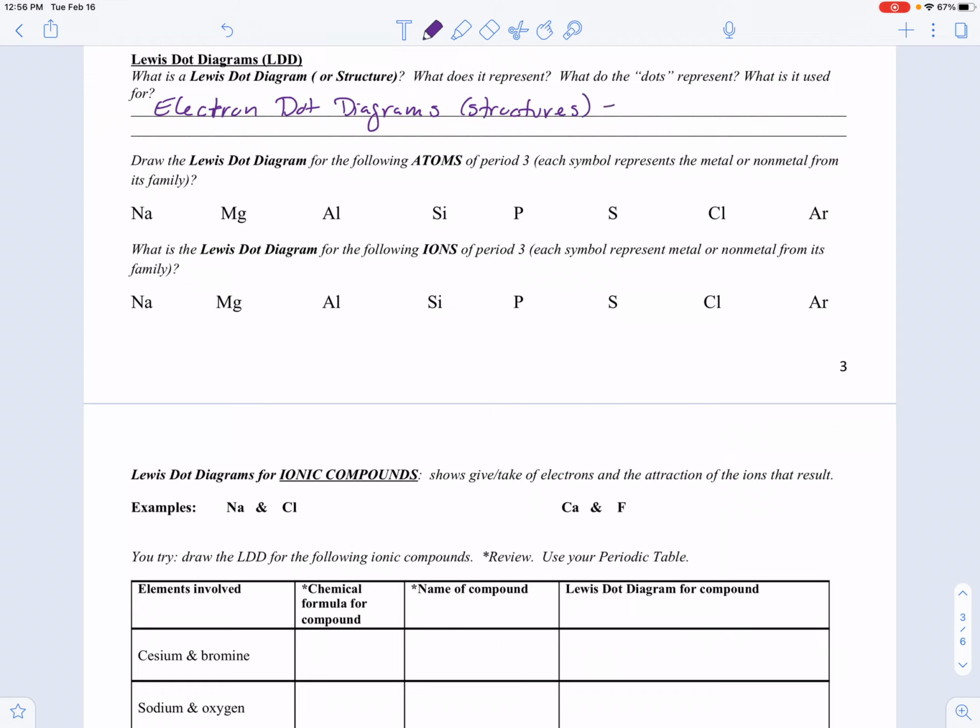And these are just diagramming the bonding between atoms or ions. It also shows us lone pairs of electrons as well.